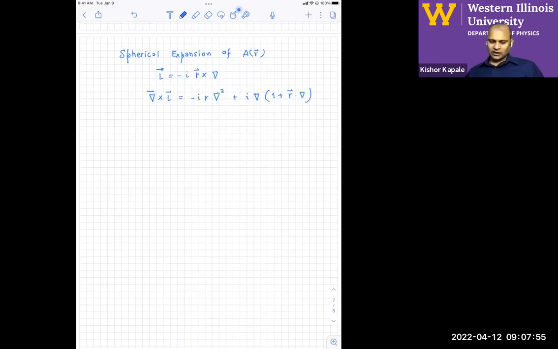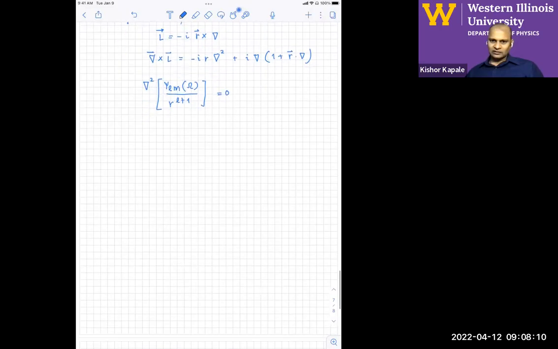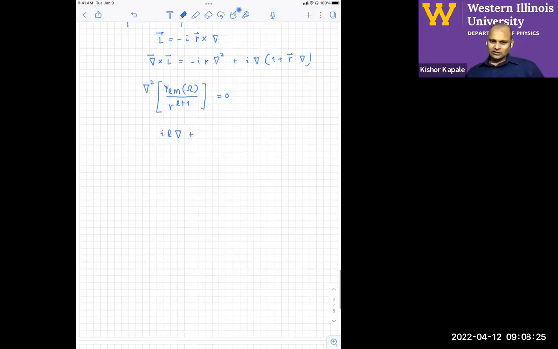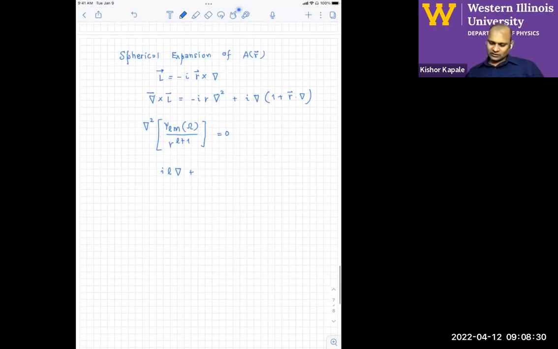And then we're going to note that the del squared operator applied to Y_LM(Ω) over r to the power L plus 1, without proof, I'm going to say that that is 0. And so then what happens is you have i L gradient plus the, so we're just taking the curl.